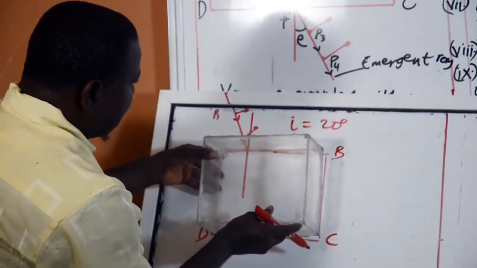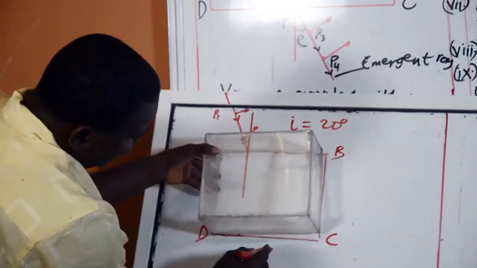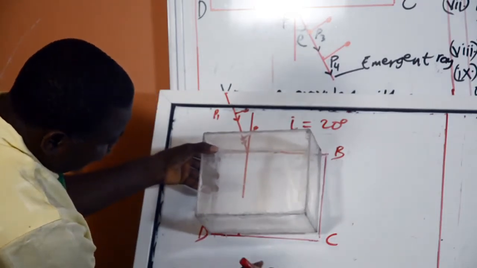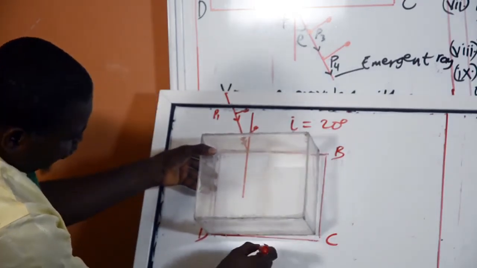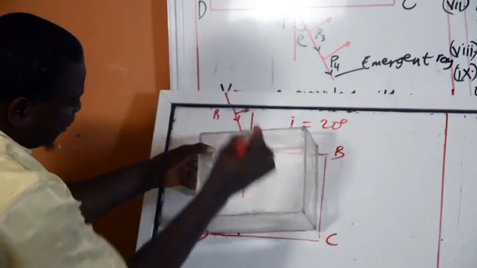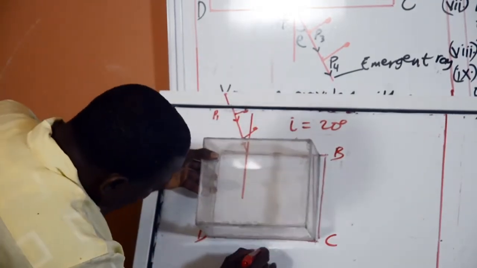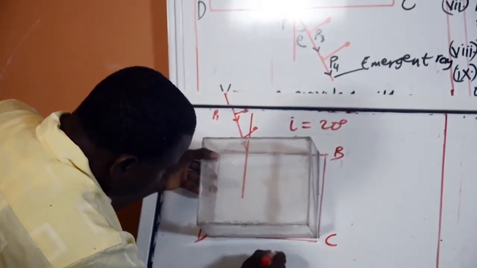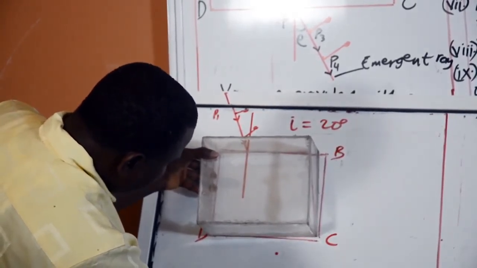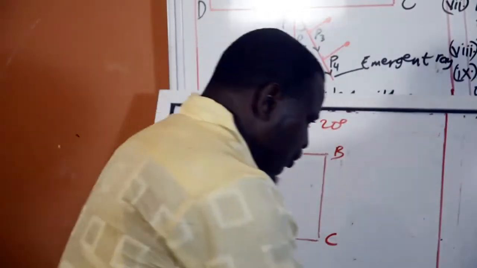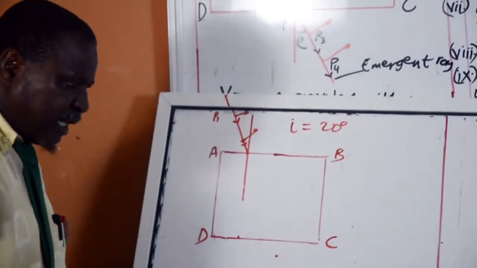When you replace the glass casing here, you now check the pins. You use another pin to locate the images of P1 and P2 here. At the point where you locate the image, you put the pin P3 there, P4 there. So after locating it, you remove the rectangular casing.